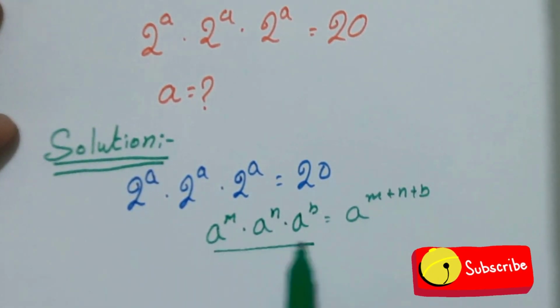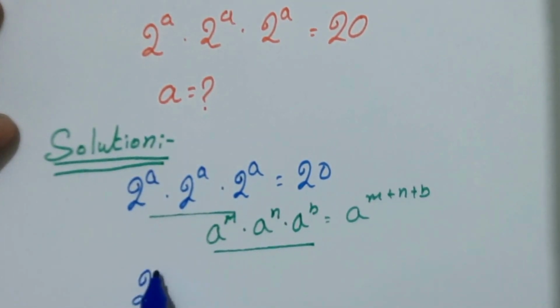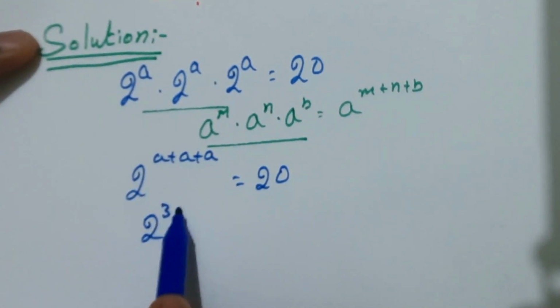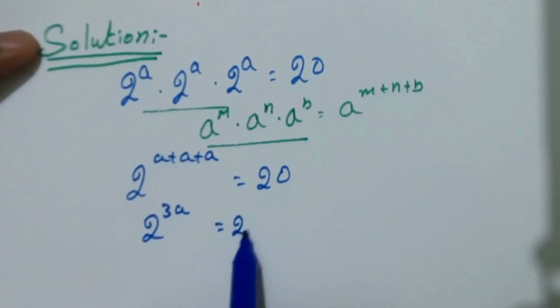This we are going to apply here. 2 to the power of a plus a plus a equal to 20. This is 2 to the power of 3a equal to 20.